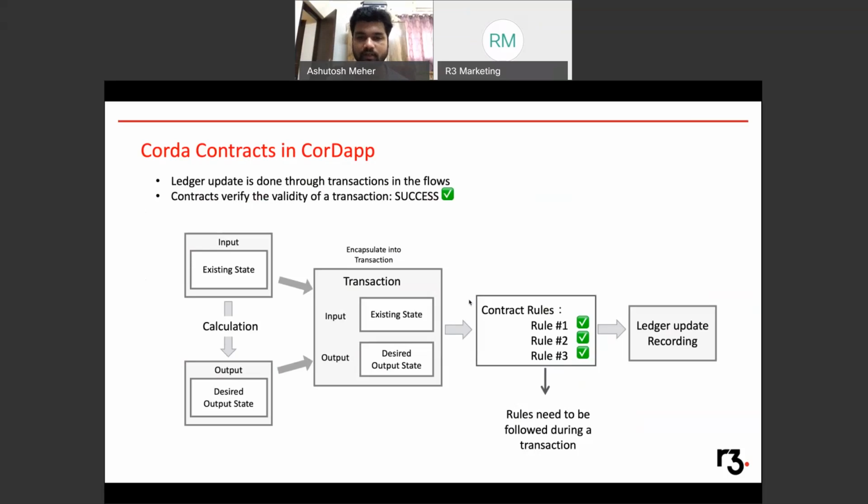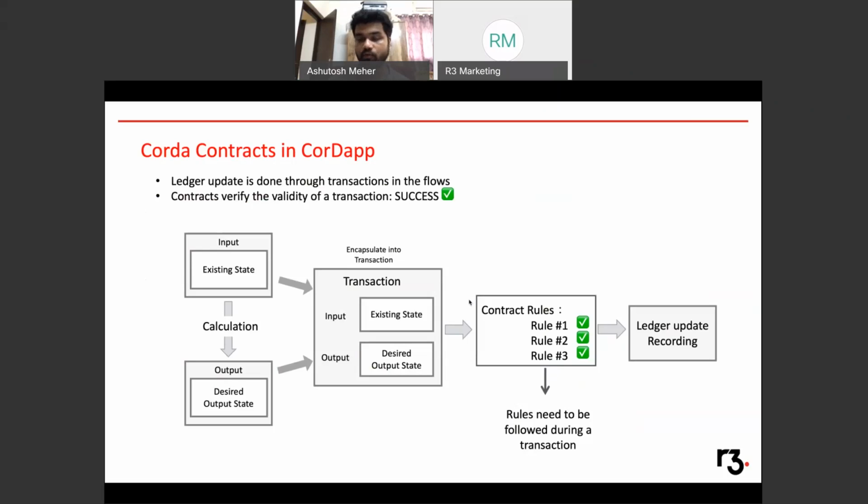The updates you have done, taking the input and producing the output, will be recorded onto the ledger. And when I say recorded, the input that you have used will be marked as historic or consumed, and your output will become the most updated version of your asset that you're transacting.